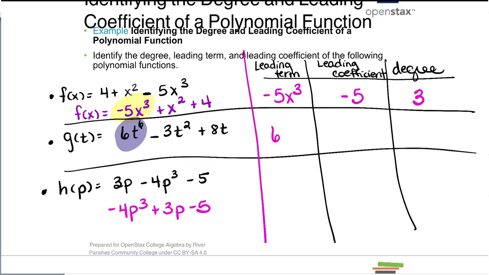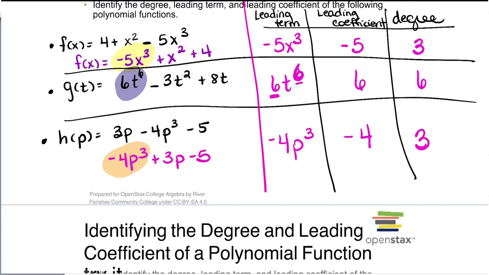That is our leading term. Then the leading coefficient is 6. The degree is also 6. And last, our leading term is negative 4p to the third. Our leading coefficient is negative 4. Our exponent, or our degree, is 3.